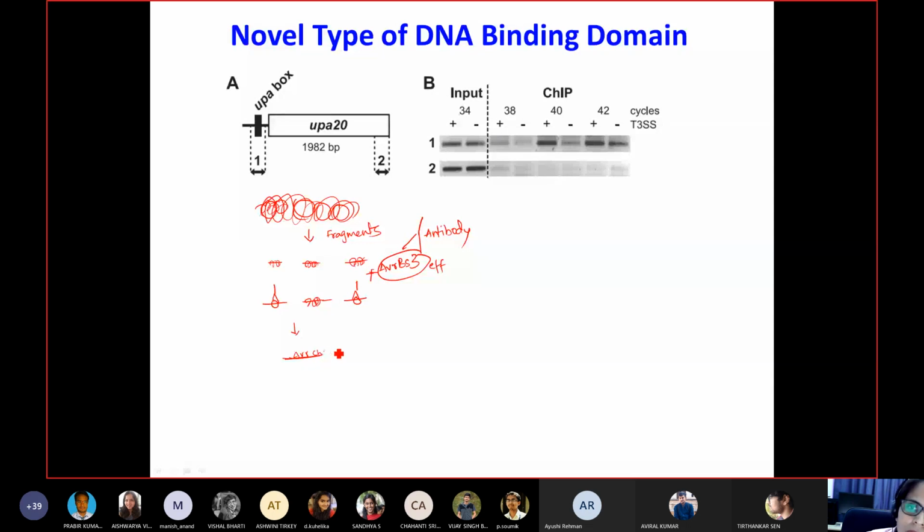Now with the DNA isolation method, you can separate the proteins which are bound here, that means histones and AVR and the antibodies, with the help of centrifugation, and what you are left with is your genomic DNA. This genomic DNA now will be analyzed for what kind of portion is there inside this.